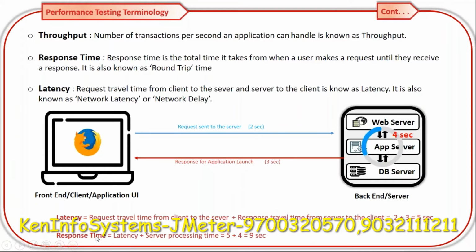Response time is the sum of latency and server processing time. So 2 plus 4 plus 3 gives a total of 9 seconds. Latency is 5 seconds and server processing time is 4 seconds, so the total response time is 9 seconds.